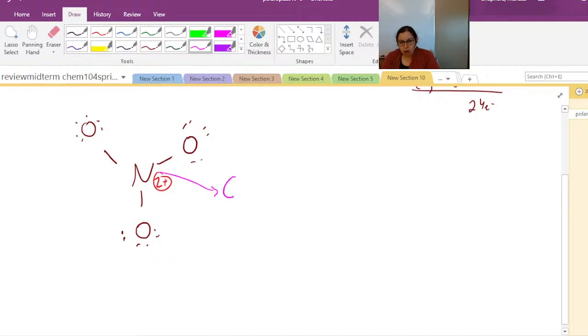I can do the scratch work really quickly: 5 valence electrons minus 1, 2, 3, and then no lone pairs on there, so that leaves us with a 2+ charge. And then all these oxygens: 6 minus 1, 2, 3, 4, 5, 6 minus 1, so all of them have a -1 charge.